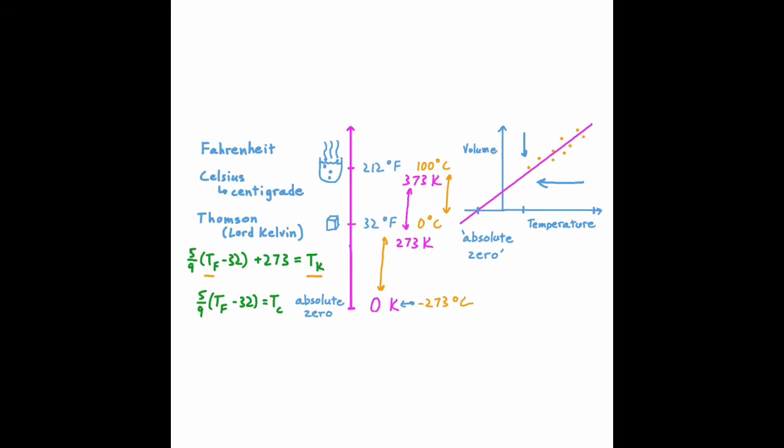But what about in the opposite direction, Kelvin to degrees Fahrenheit? To do that, we can use this same exact relationship, but we just need to rearrange it a bit. The first step we could take in that direction is to subtract 273 from both sides. When we do this, the negative 273 and the positive 273 on the left cancel one another out. And then, as a next step, we can multiply both sides of the equation by 9 divided by 5.